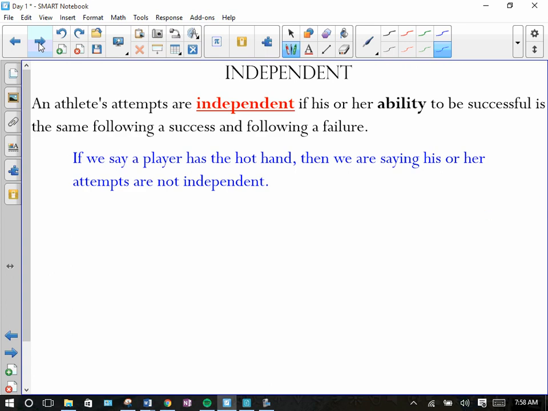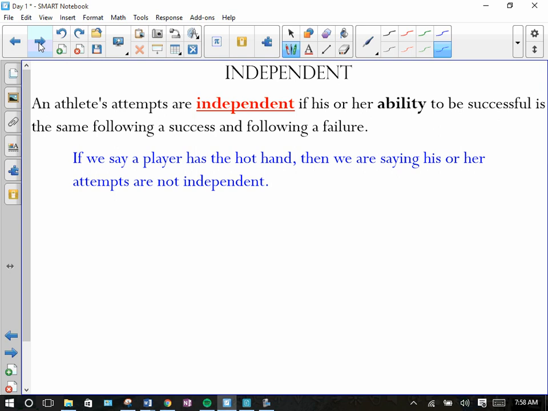The argument that comes into play now is the idea of shots being independent. Not just shots, any kind of attempt: field goals, shots, saves, at-bats. What statisticians would argue is that these are independent.